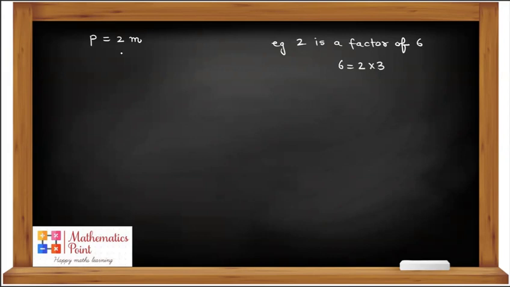So when I say 2 is a factor of P, it means I can write P as 2 multiply some number, just like here, right? So P is equal to 2 times M.